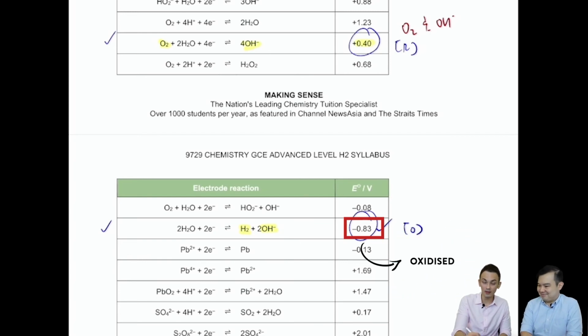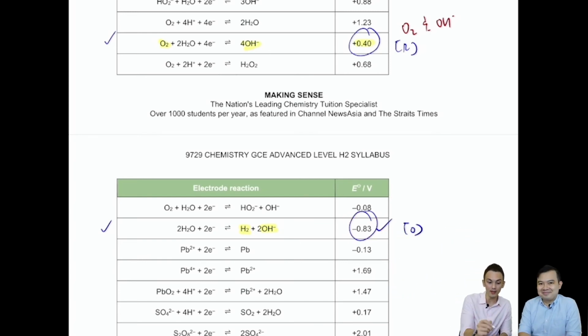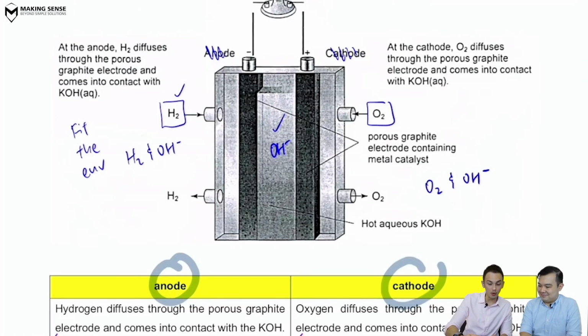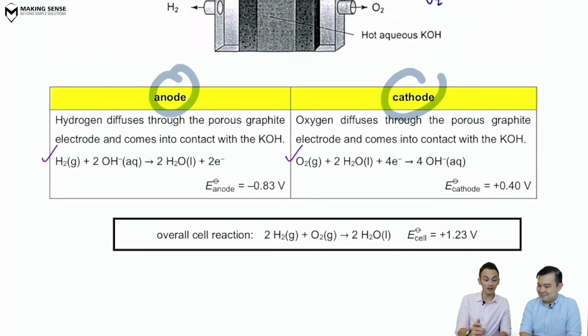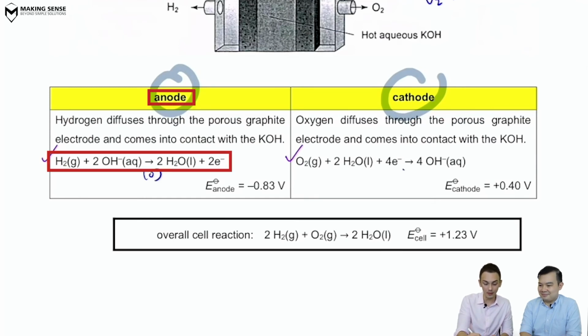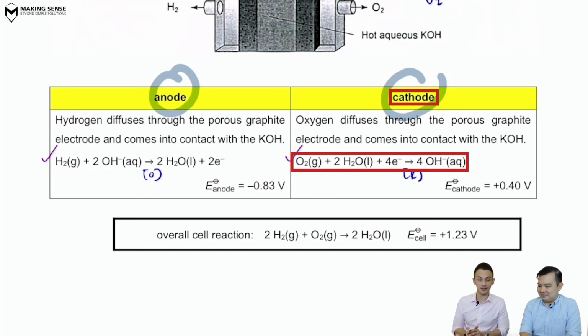oxidized. Okay, so once we have this thought process in mind, knowing that this is going to go forward, the reduction process, and this is going to go backwards, the oxidation process, this is where we're going to return back to our notes, right? And you re-look at the equation that's given, right? Do notice this is written as the oxidation process, and this is written as the reduction process, all right?